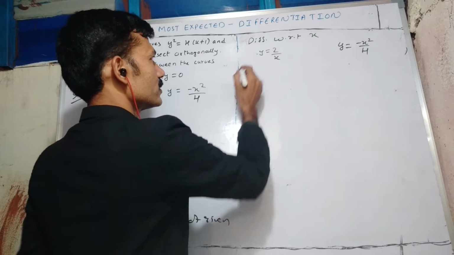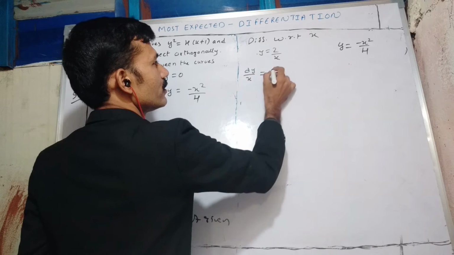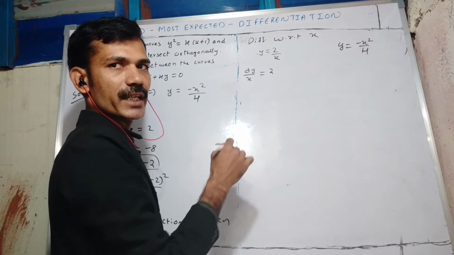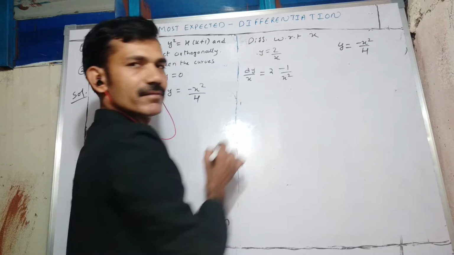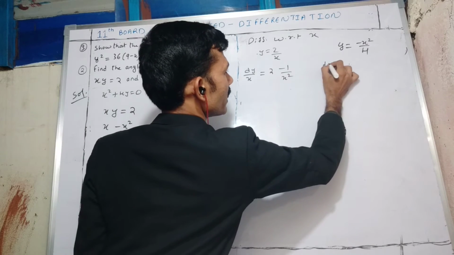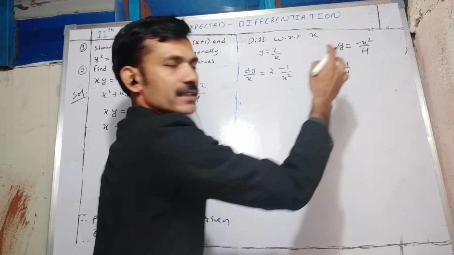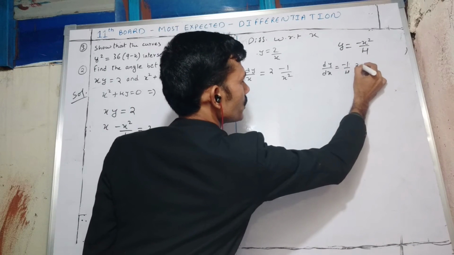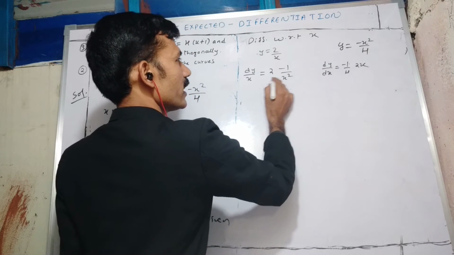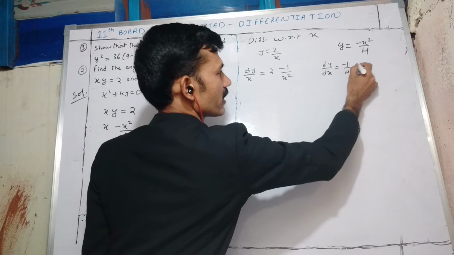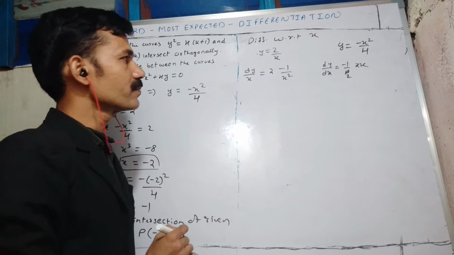Differentiate with respect to x, no? dy by dx equal to 2 constant. 1 by x is there. If you differentiate 1 by x, it is minus 1 upon x square. Here dy by dx, minus 1 by 4 constant you can take aside. X square if you are differentiating, 2 times x. Okay, here minus 2 upon x square we got. Here we can cancel and we can get minus half times x we are having.